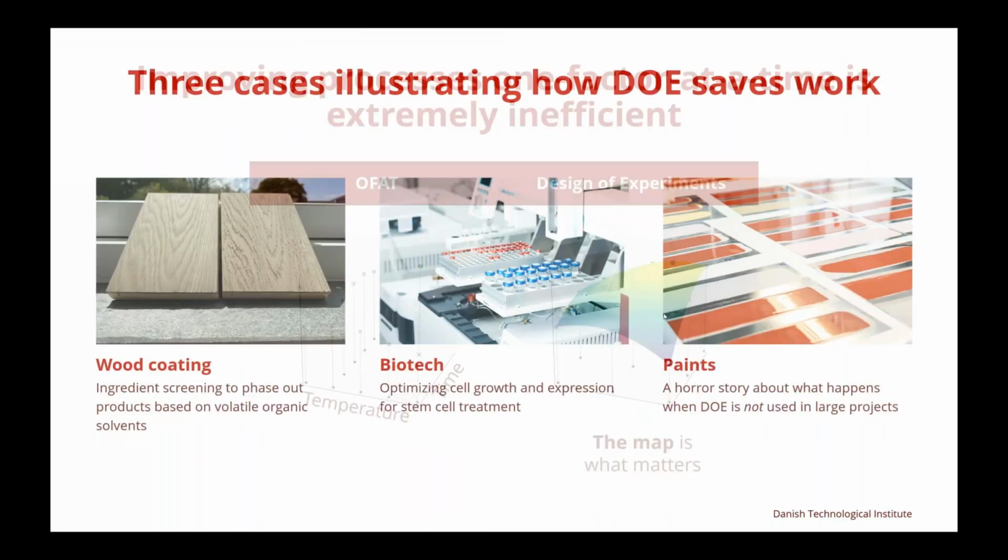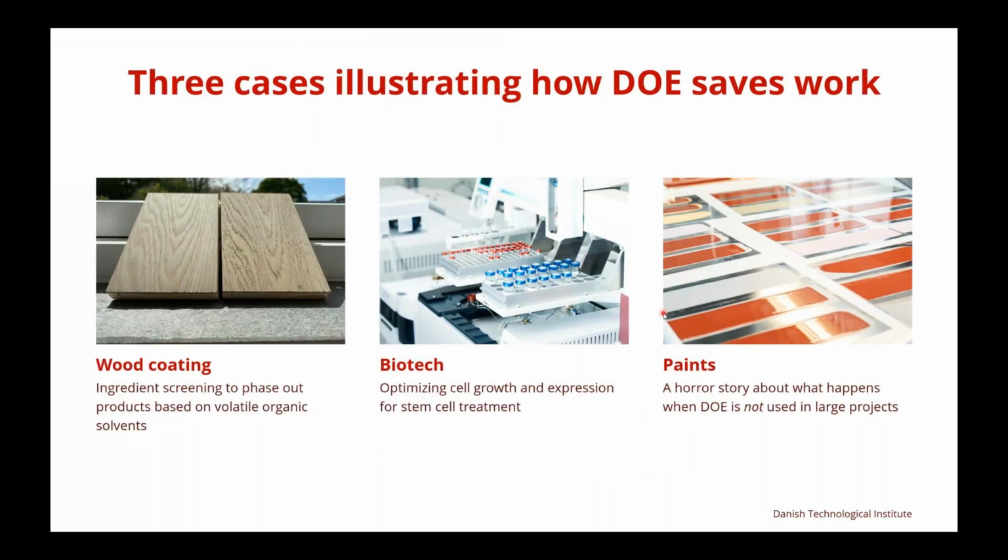So today I want to dive into 3 cases to illustrate how this approach to thinking about the landscape that you want to build will allow you to save work. I'll start out by talking about the project that got me into DOE in the first place.